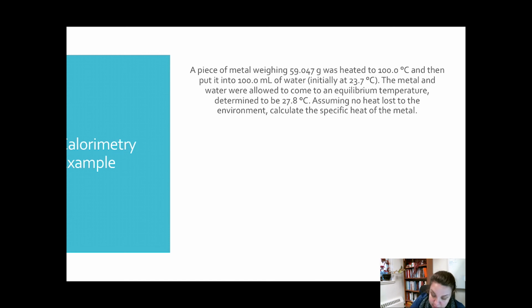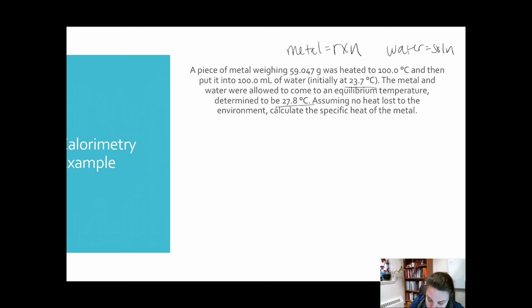So this metal is equal to our reaction, and our water is our solution. This is not an actual solution, but same idea here. Our water is going to be at 23.7 degrees Celsius initially, and then it's going to heat up to 27.8 degrees Celsius after that metal is added.